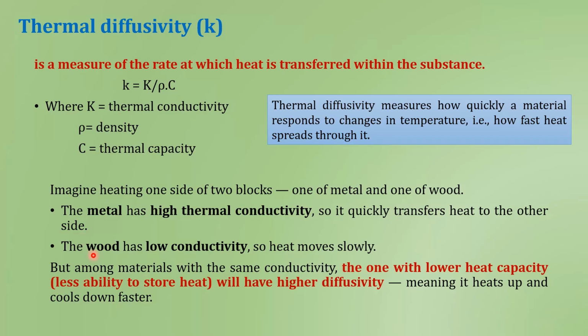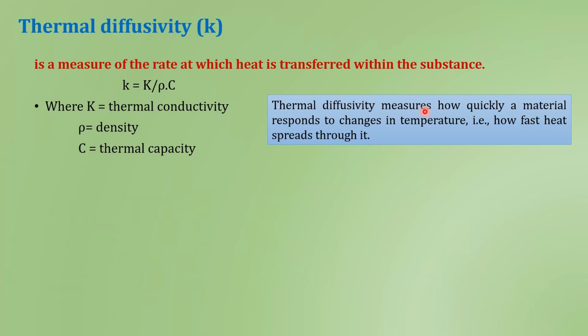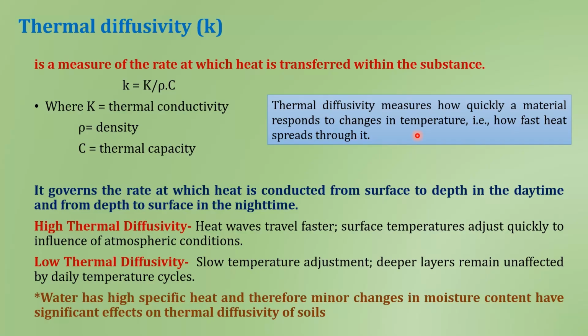But the wood, which has low conductivity, will move heat slowly. Among materials having the same conductivity, the one with lower thermal capacity, or lower heat capacity, will have higher diffusivity, meaning it will heat up and cool down faster. Thus, thermal diffusivity measures how quickly a material responds to changes in temperature, that is, how fast heat spreads through it.